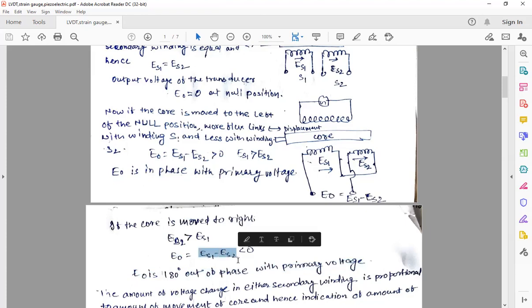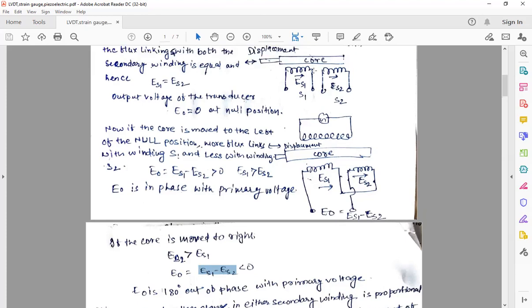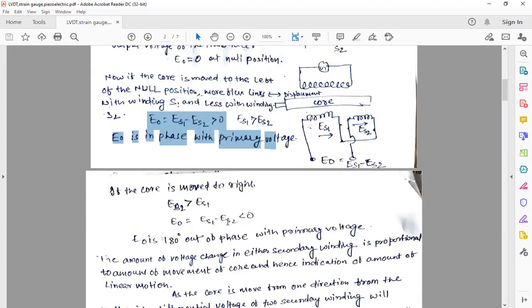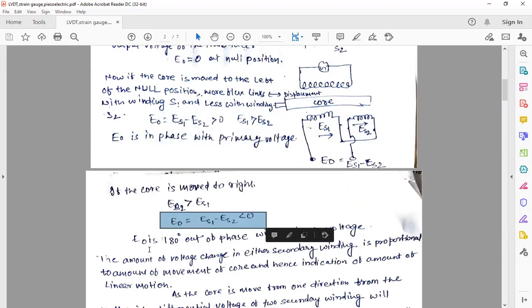In both cases, the net output is increasing. If you measure the voltage across the LVDT, the net voltage, ES1 minus ES2, is increasing because, in the first case, if the core moves from the null point to the left, ES1 is greater than ES2. Again, if the core is moved from the null point to the right, ES2 is greater than ES1, so the voltage increases gradually.